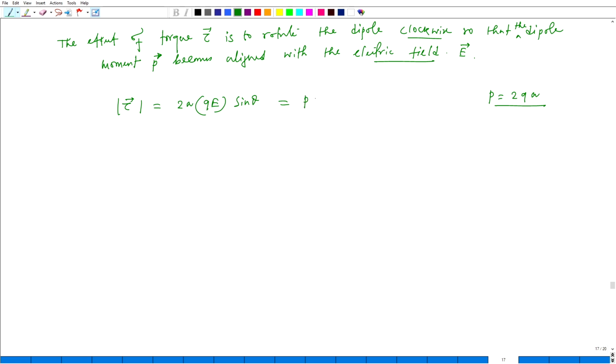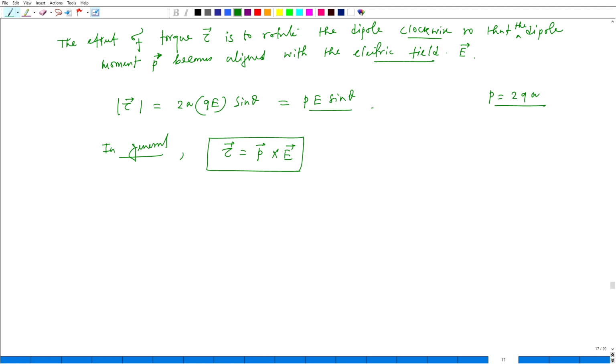So the torque is P E sin theta. In general, the torque is the P vector cross the E vector.